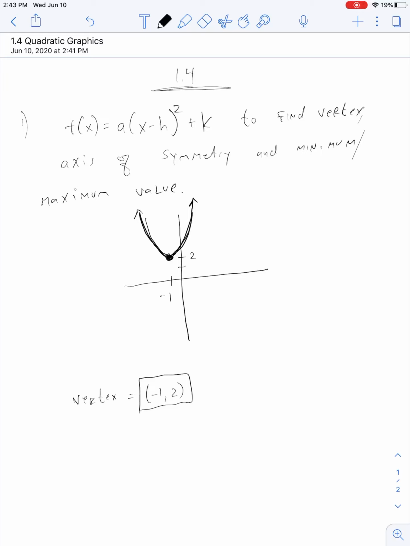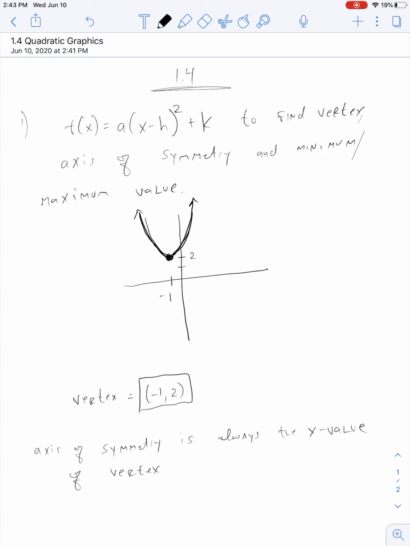All right, this axis of symmetry. Axis of symmetry is always the x value of the vertex. And it's always an equation.